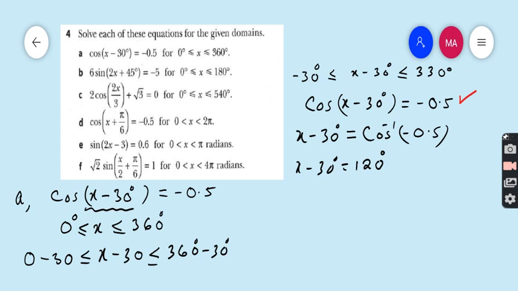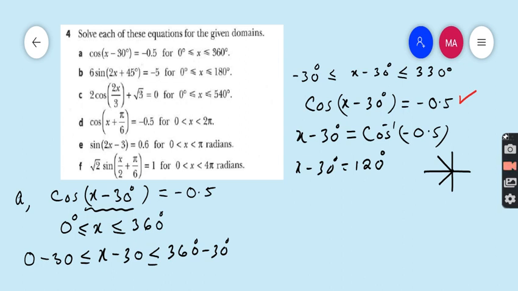Cos is negative in the second and in the third quadrant. In the second quadrant, the value of the angle must be greater than 90 degrees, which we have already found, that is 120 degrees. And in the third quadrant, the value must be greater than 180 and less than 270.